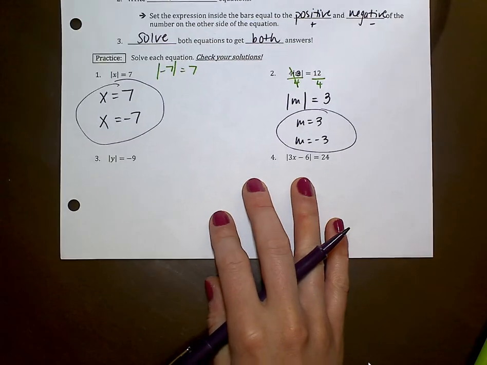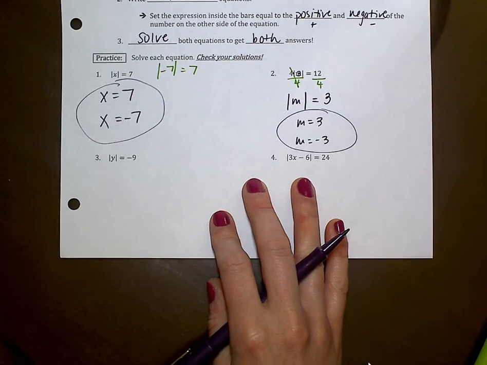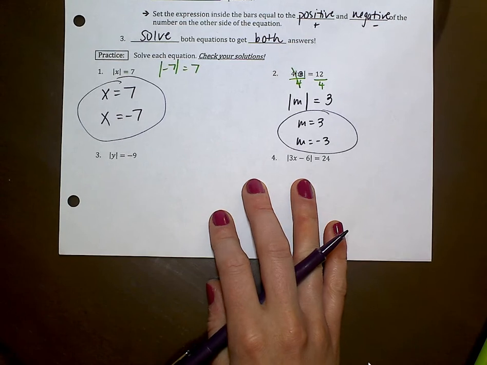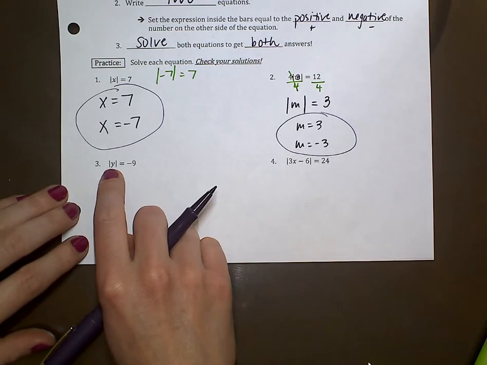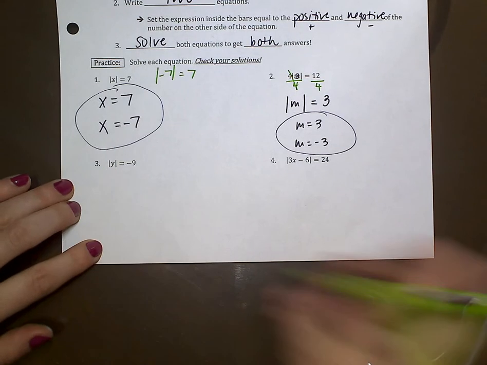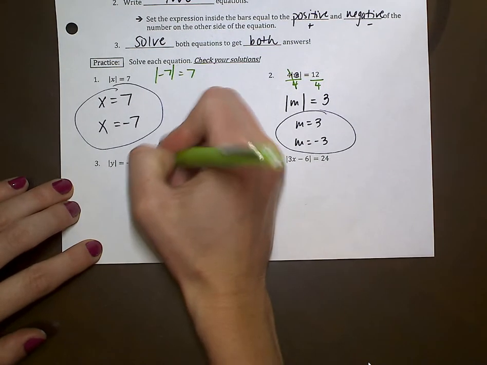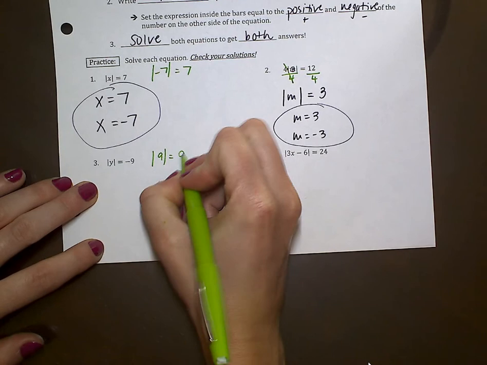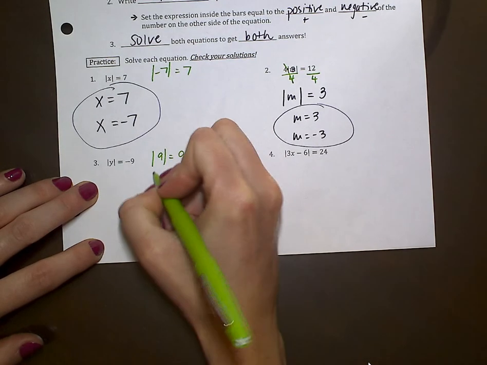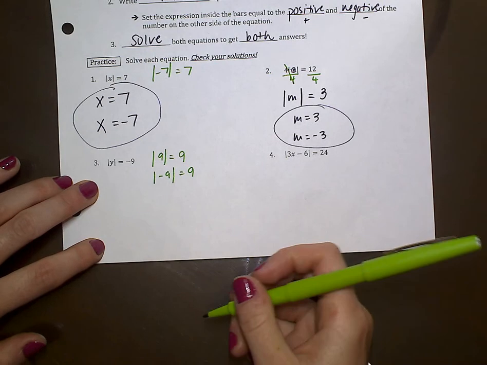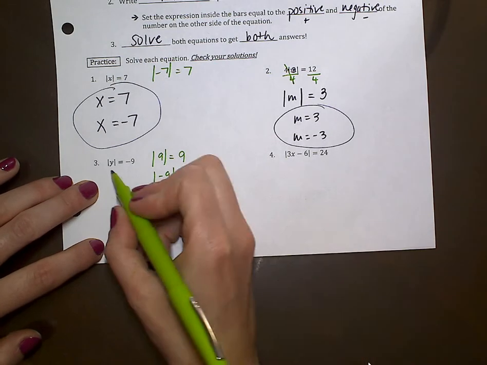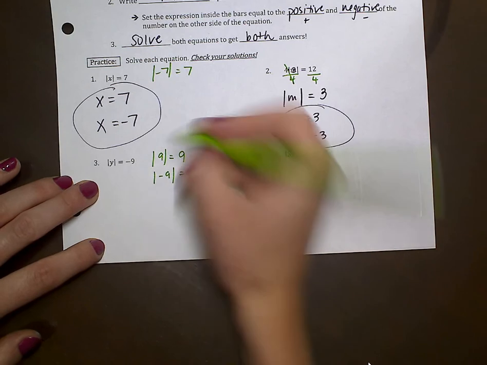If you look at example 3, this one looks super basic, but it's kind of a trick question. We want to say, oh, I'll just put in 9 and negative 9. Well, the absolute value of 9, if I put a 9 in for y, is 9. And the absolute value of negative 9 is also 9. So there's nothing that I can put inside those bars that's going to give me a negative number on the other side.